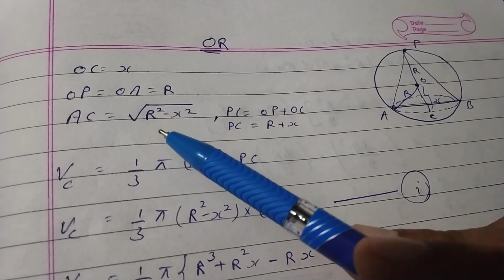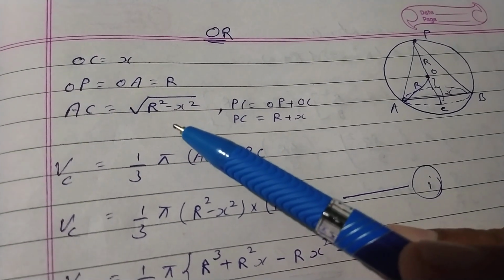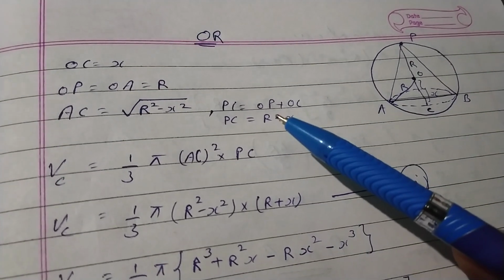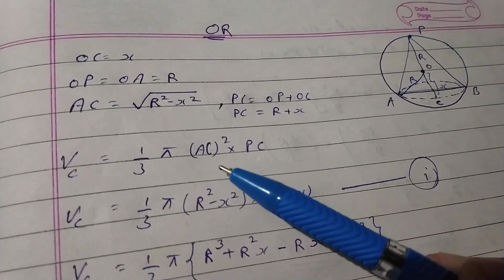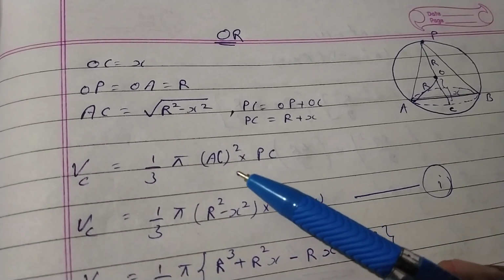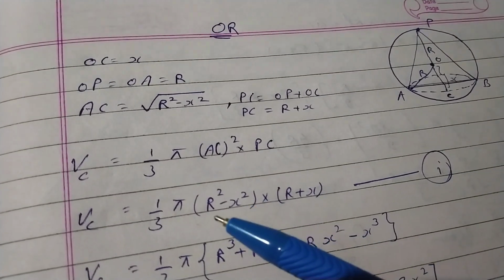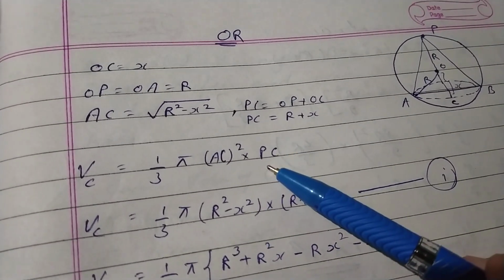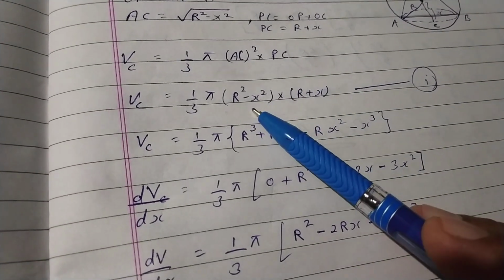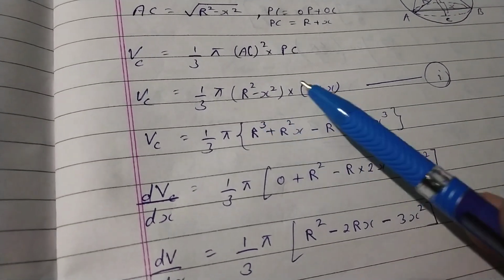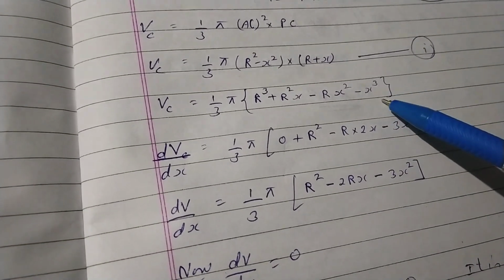AC in triangle AOC by Pythagoras theorem is R square minus x square, and PC, that is the height of the cone, is OP plus OC, R plus x. Volume of the cone is 1 by 3 pi AC square into the height. AC square we have found already, capital R square minus x square. PC also we have found, R plus x. Then we will expand this binomial multiplied by binomial, and this is ready to be differentiated.